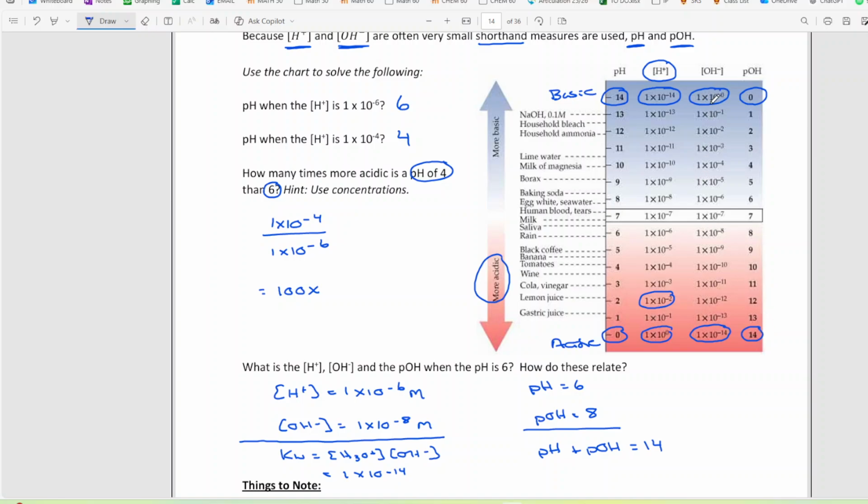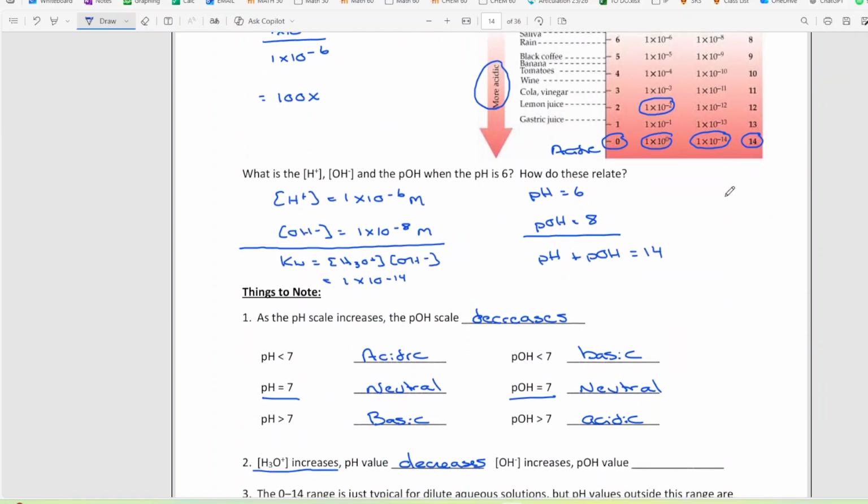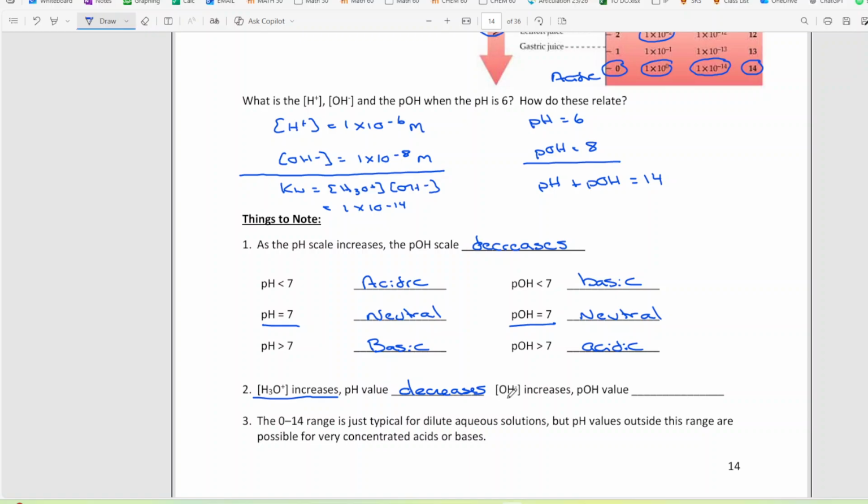Whereas when you have a lot of hydroxide, you actually have a low pOH, and it's going to be basic. So as your hydroxide ion concentration increases, your pOH value also decreases, which is why low pOH is basic, low pH is acidic. Hopefully that makes sense.